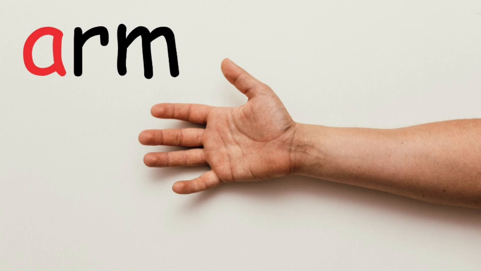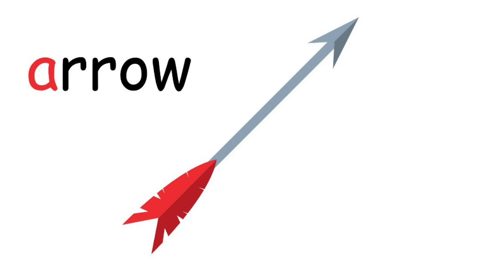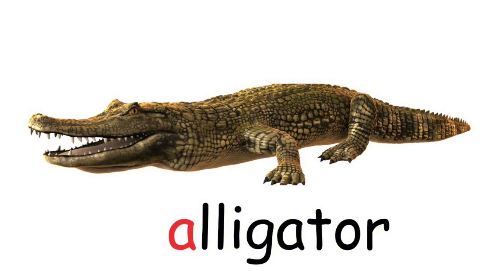We have arm. And we have the arrow. We also have the alligator. Good job. Okay, so how do we write the sound R?